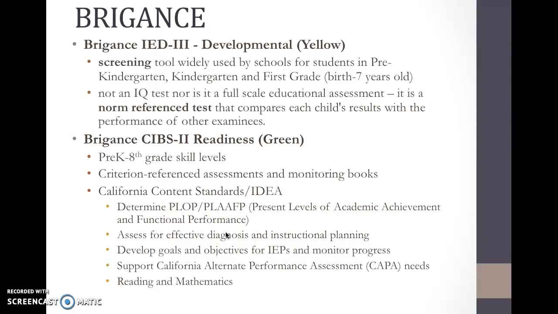And also it's often used to assess effective diagnosis and instructional planning, to help teachers develop goals and objectives and monitor progress for students. It's a support for the alternative performance assessment that some students take, and it looks at reading and mathematics.